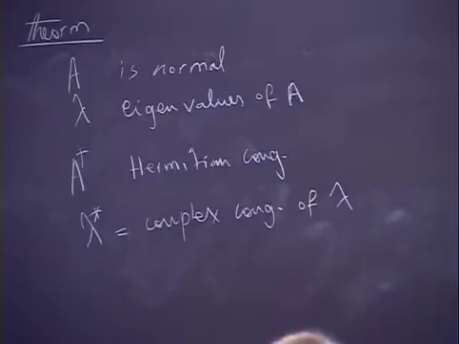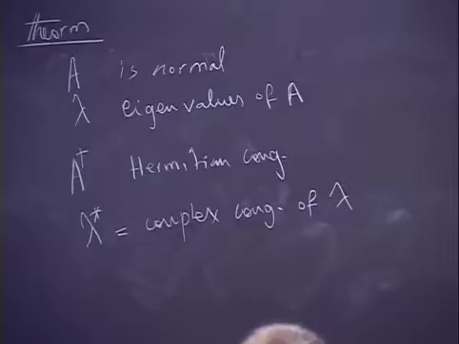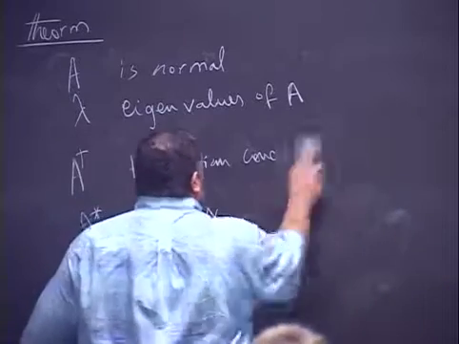So now, and this is again a property of the normal matrices. You have a matrix, you got the eigenvalues for the matrix. If you have the Hermitian conjugate, the eigenvalues for this Hermitian conjugate matrix will be the complex conjugate of the original matrix A eigenvalues. So let's now look at the eigenvectors.